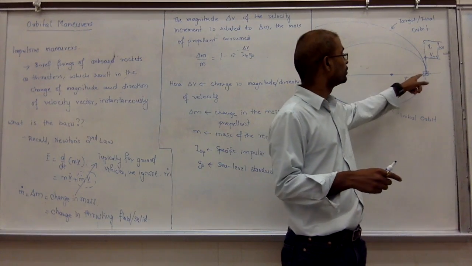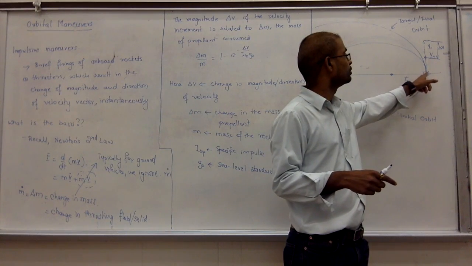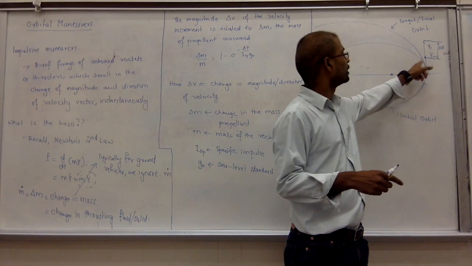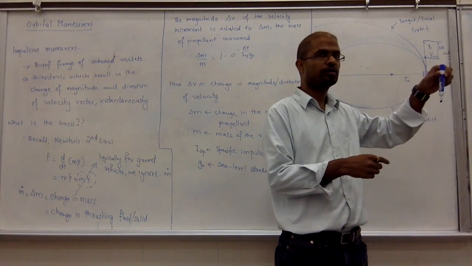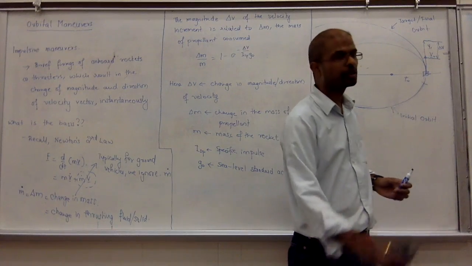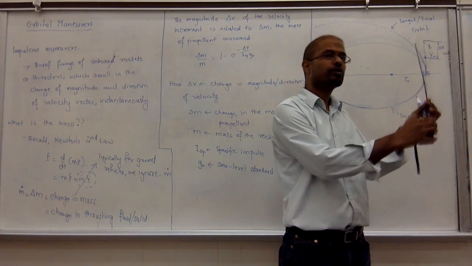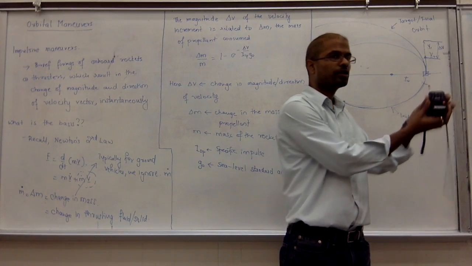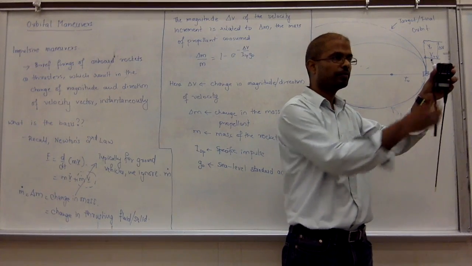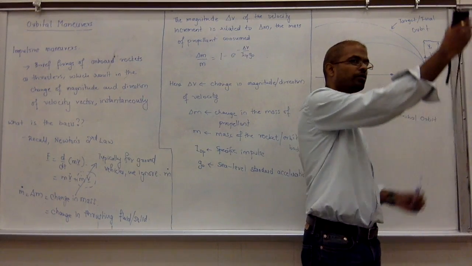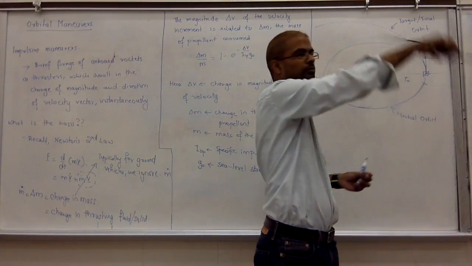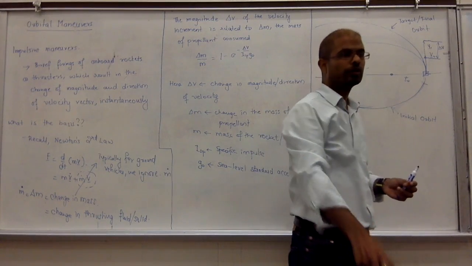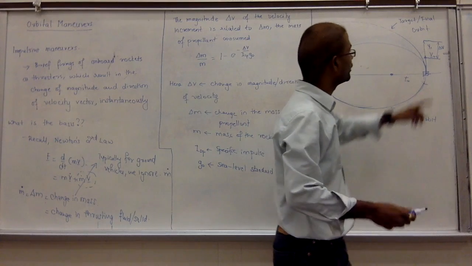So if you change the distance, it will go into a smaller orbit. If you fire your thrusters in this direction, it will go into a smaller orbit. If you fire your thrusters in this direction, this thrust will create a force upwards, and then it will go into a larger orbit. So that is the delta V.